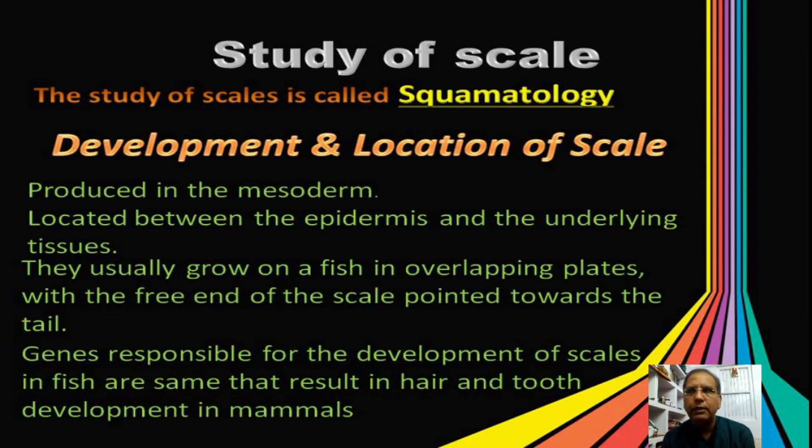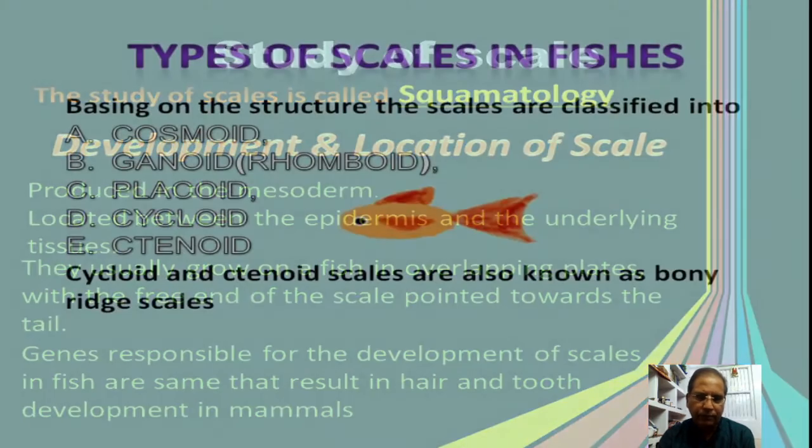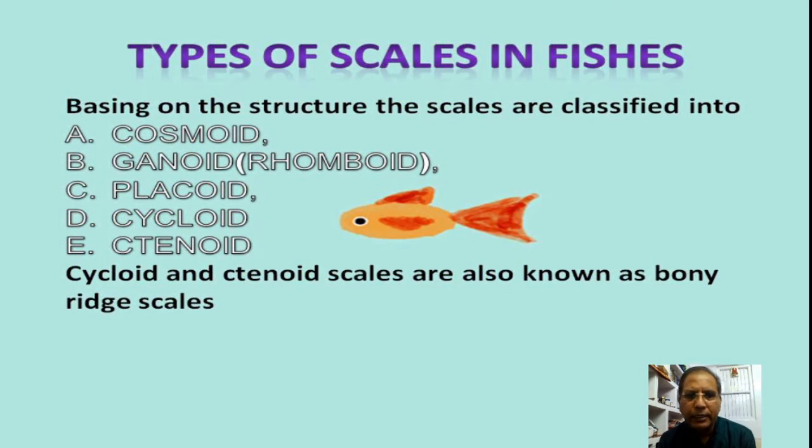One is the cosmoid type, second is the ganoid or rhomboid type, third is the placoid type, fourth is the cycloid type, and last, fifth, is the ctenoid type. Cycloid and ctenoid scales are also known as the bony ridge fish scales.